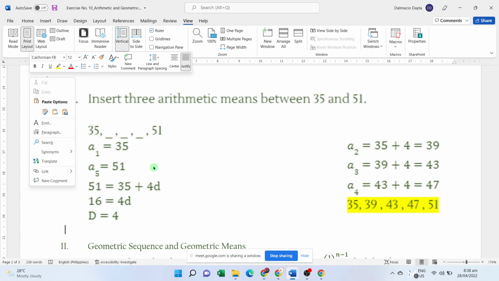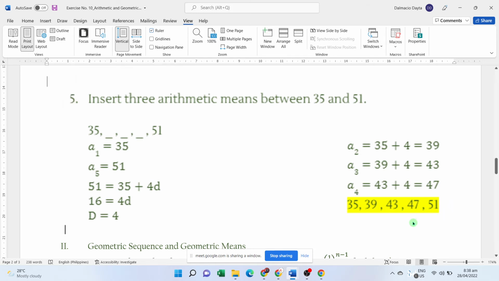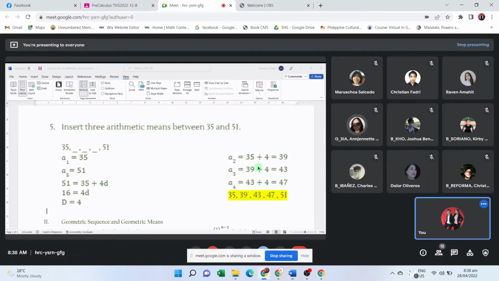So the second term is 35 plus 4 is equals 39 and the third term is 39 plus 4 is equals 43. Then the fourth term is 43 plus 4 is equals 47. So the three arithmetic means are 39, 43, and 47. That's a good solution. This is a detailed solution by Anjanette.